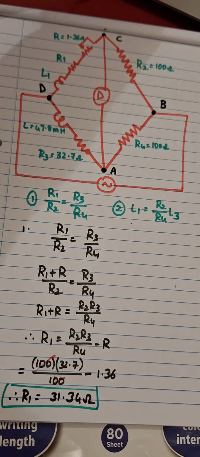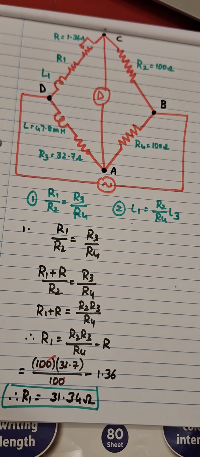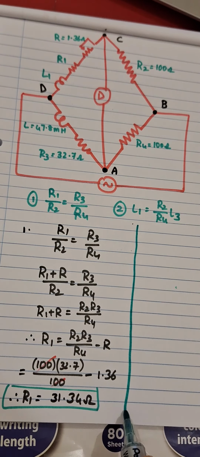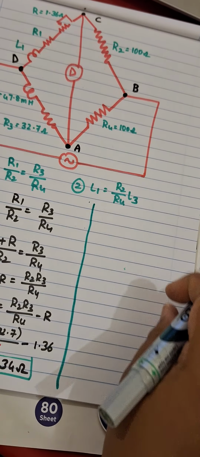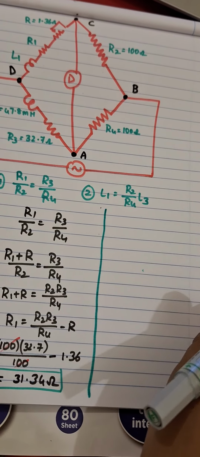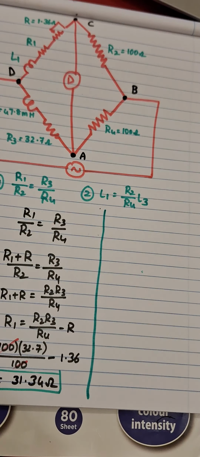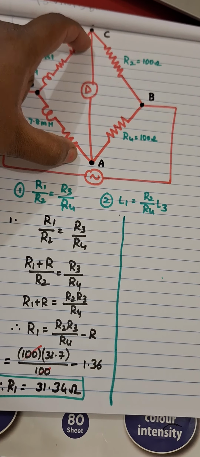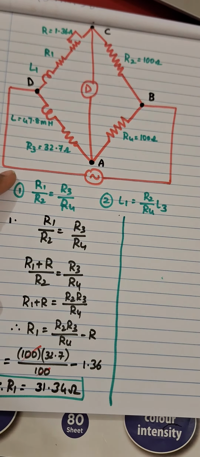So now we are done with one of the values. But next we have another question. To have a clear picture, I am just dividing the paper and doing it here. Please don't do it in the exam. Go to another page and elaborate your answer. I am saying again, elaborate the answer. First show the circuit, then say given R1 is equal to, R2 is equal to, R3 is equal to, writing the given values.